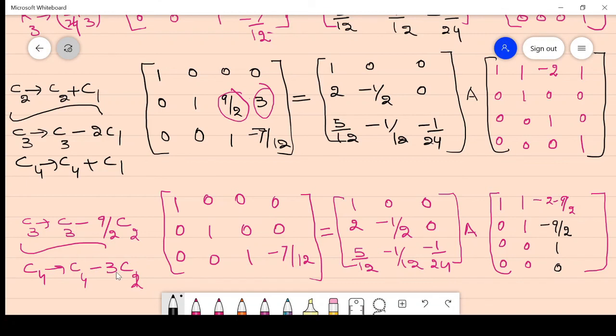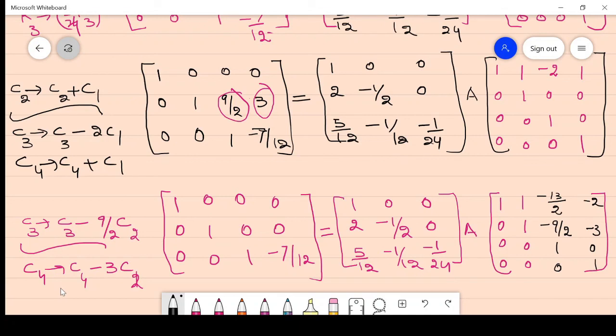After that C4 minus 3 C2, so 1 minus 3, this is minus 2, 0 minus 3, this is minus 3 and 0, then 1. So simplify this: this is minus 4 and 9, minus 13 by 2. So when we simplify this term, this is minus 13 by 2. Just write here minus 13 by 2.